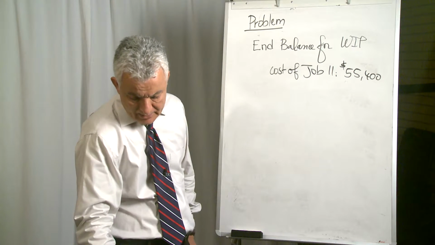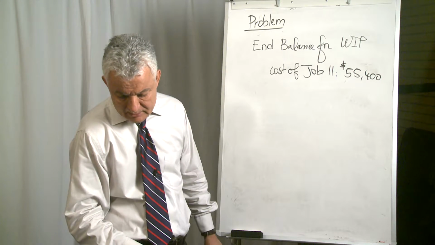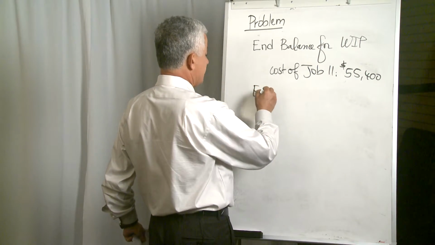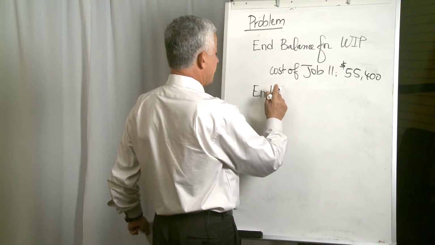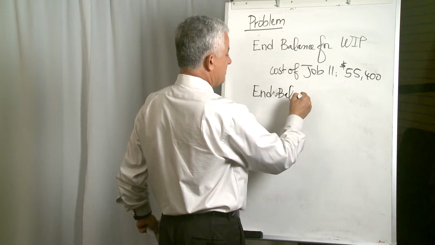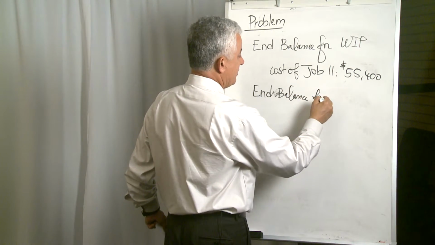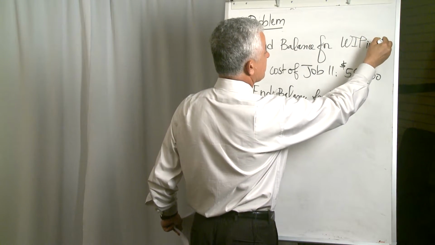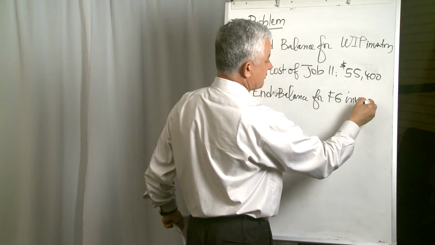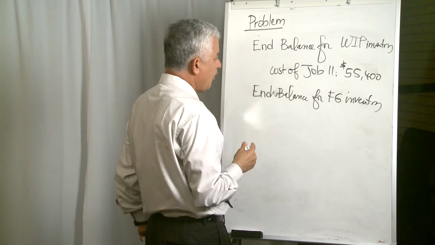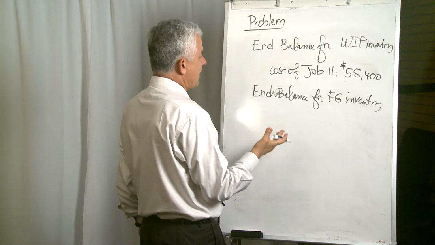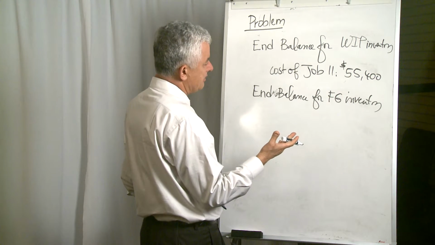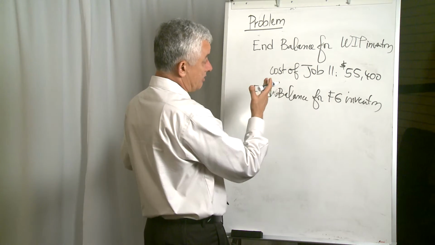Then they say, what is the cost assigned to the ending finished good? So the ending balance for finished good inventory will consist of what? Job 12, because remember that job 10 and 12 were completed, and we know that job 10 was sold.